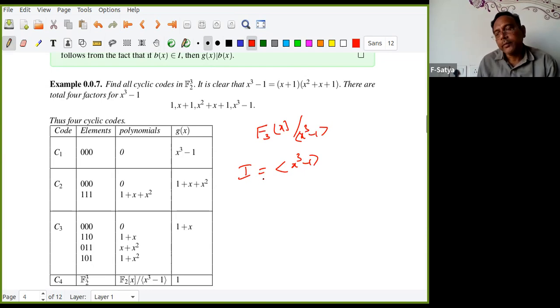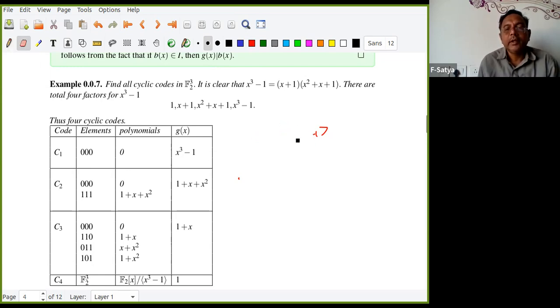I take all, so I cannot multiply with anything. Already it is 0 here. X cube minus 1 is the 0 element in this quotient ring. So this is the 0 ideal. There are no other codewords except 0 0 0, and you know that it is a cyclic code.